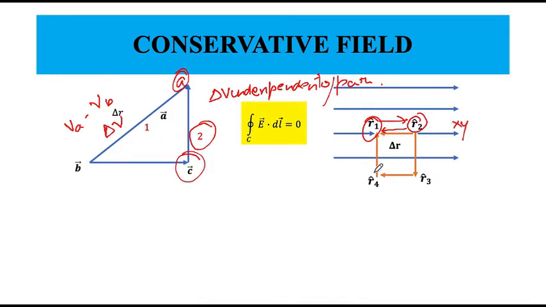Now suppose I take a different path; this is path 1. Let us say I go from R2 to R3, perpendicular to the line. Then I go straight up from R3 to R4, and then R4 to R1.